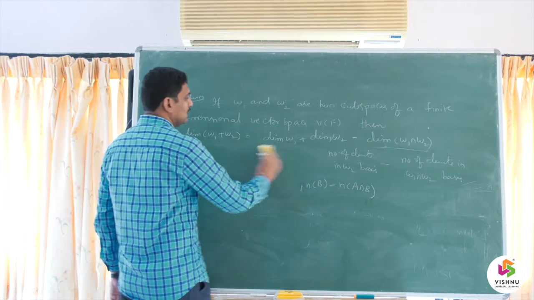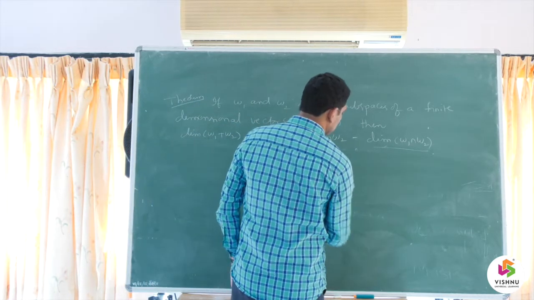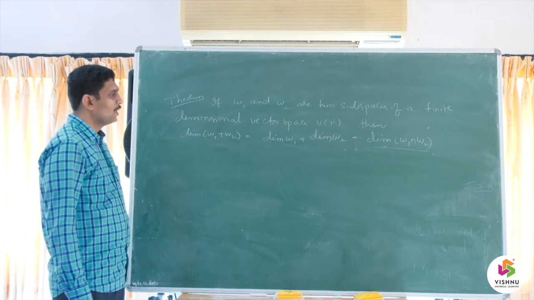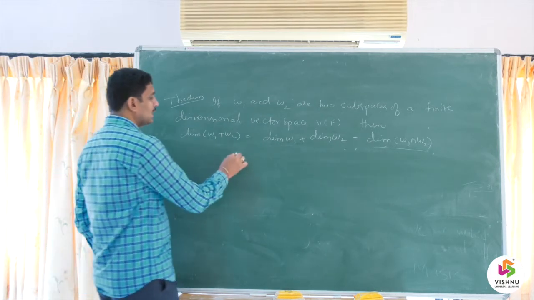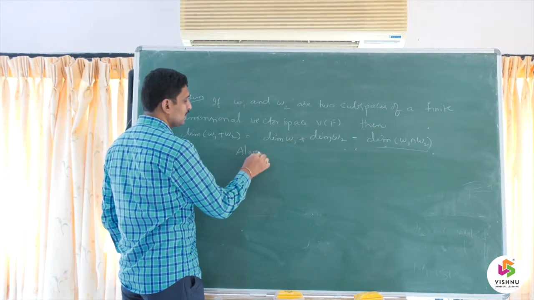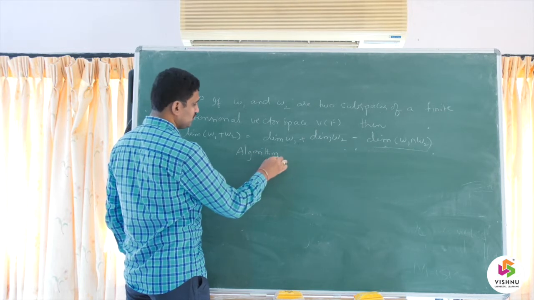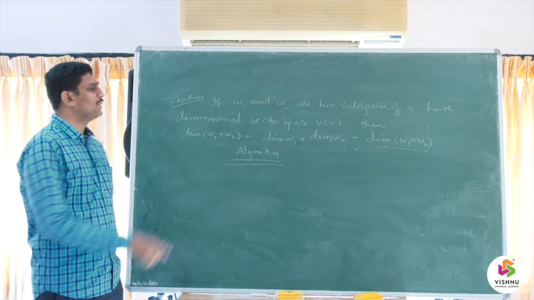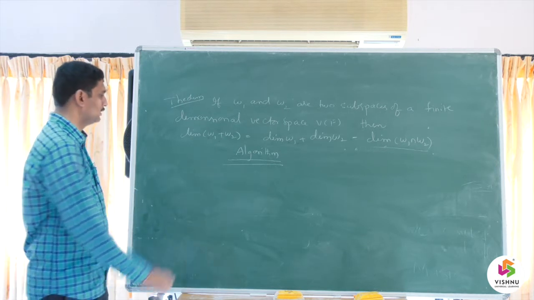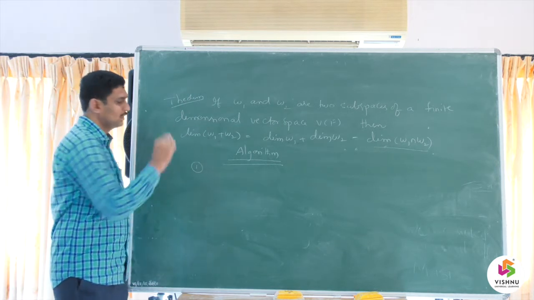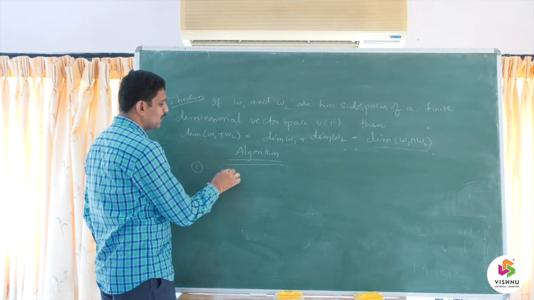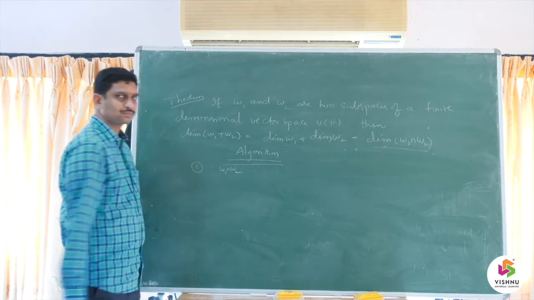Now let us discuss the approach, how to prove this one. For this I want to write an algorithm. If you remember the procedure or algorithm, whatever you call it, then you can easily follow the proof of the theorem, right? In the first step, I will take a basis for the intersection.